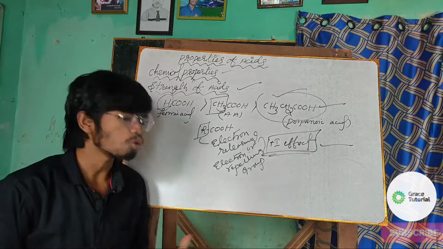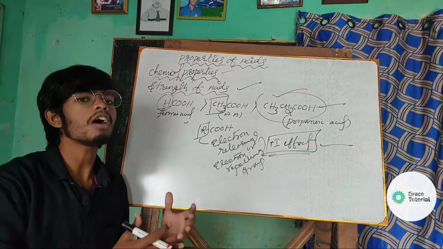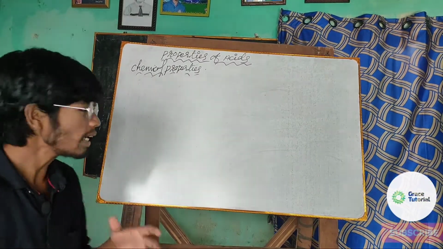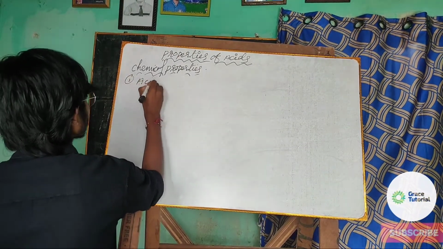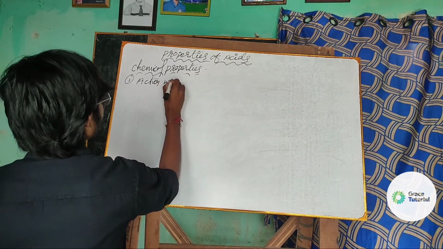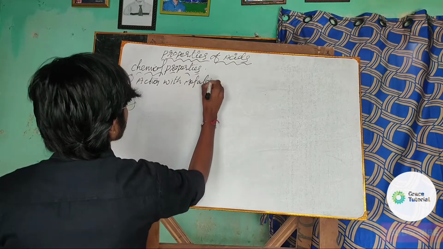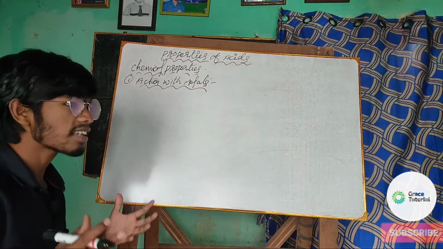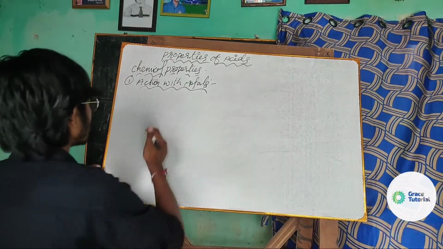Now we will come to the different chemical reactions of monocarboxylic acids. The first one is reaction with metals. The metals can be various things, like sodium, magnesium, zinc, or any others.